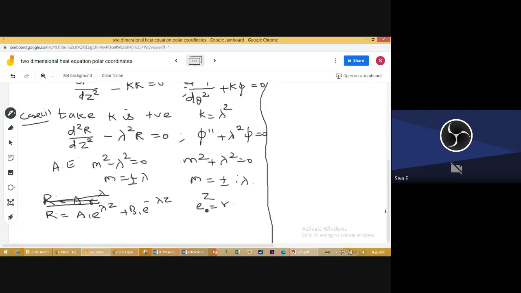So when e power z is r, then r equals a1 r power lambda plus a2 r power minus lambda.